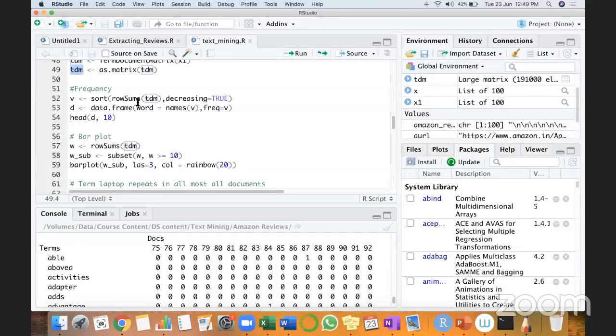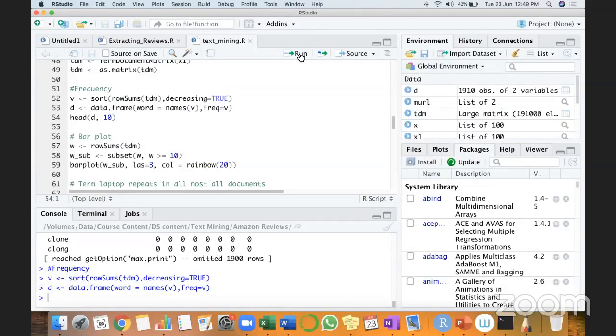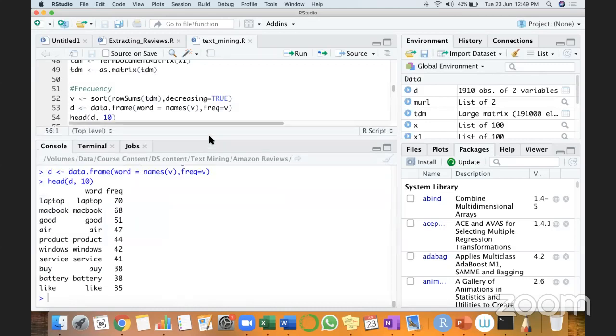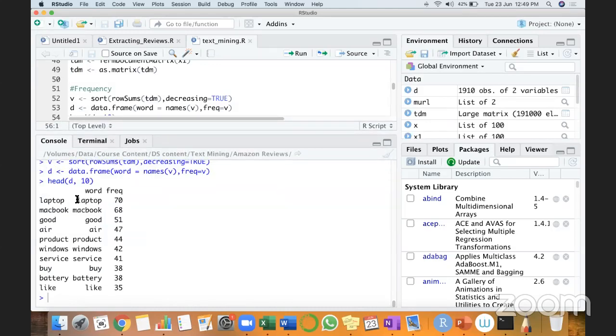Now let us find the frequency of these terms. These words have occurred the highest number of times: laptop, MacBook, "good" 51 times, right? Product 44, Windows, service, buy.